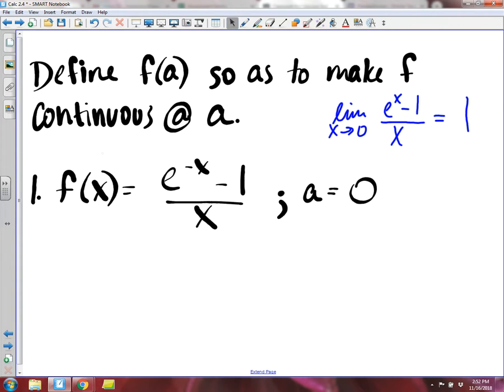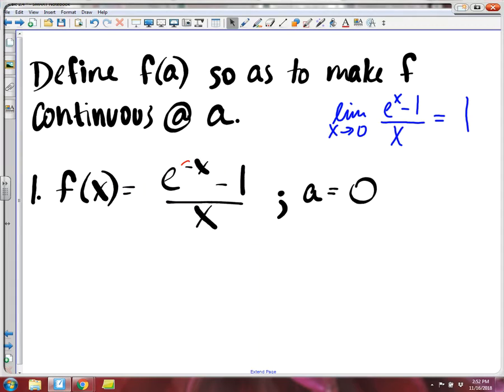As of right now, if you take a look at number 1, this thing is not continuous. I cannot plug in 0 because of a denominator error. Now you will notice that this is not the same identity because I have a negative symbol in there. So we're going to have to do some substitution. Let y be negative x.